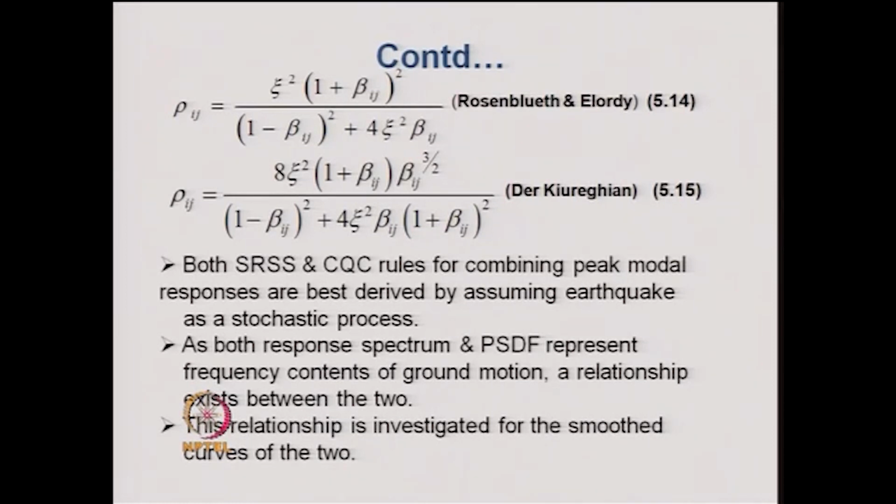The SRSS and CQC rules for combining peak modal responses are best derived by assuming earthquake as a stochastic process, and there are exclusive papers for that.